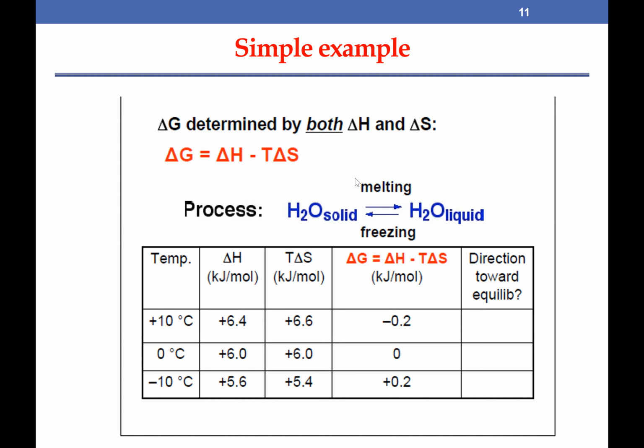So at minus 10, melting is not favored. It's not spontaneous. Rather than that, the backward reaction is going to happen. Freezing is going to happen. And it makes sense, right? Because it's minus 10 degrees, so water is going to freeze. Because delta G is positive, meaning the forward reaction is not favored, non-spontaneous, so the backward reaction happens.